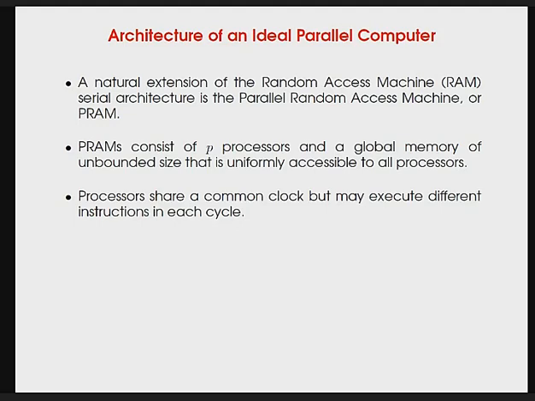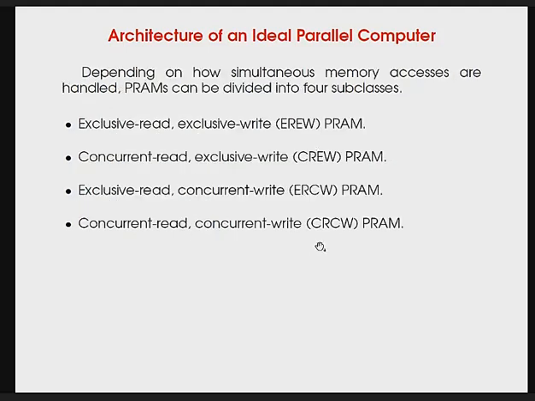Depending on how simultaneous memory accesses are handled, there are four different classes considered for the PRAM. So basically, in a PRAM, processors share a common clock but may execute a different instruction in each cycle. That is the main concept regarding PRAM.